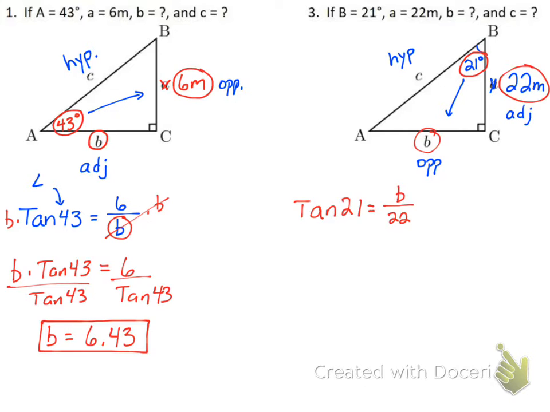In this case, I use tangent because I had opposite over adjacent. Then I can go ahead and solve my equation. So multiply by whatever's on the bottom. And this one's easy. It's just 22 times the tangent of 21, which gives me 8.45 is equal to B.